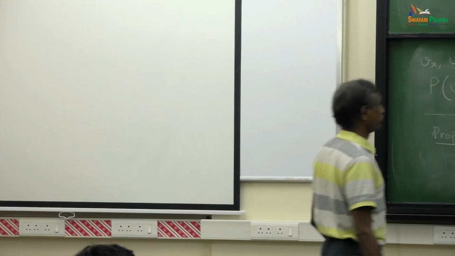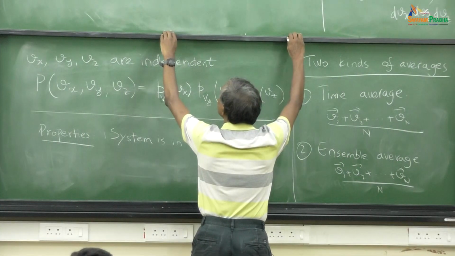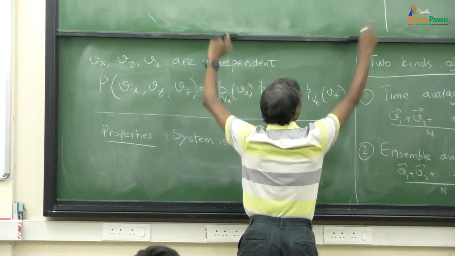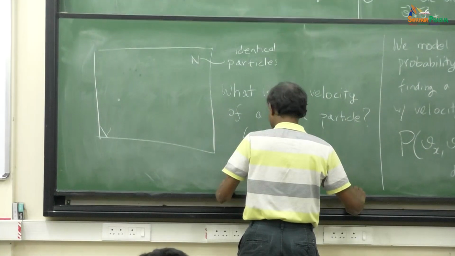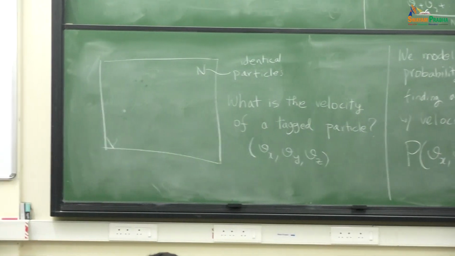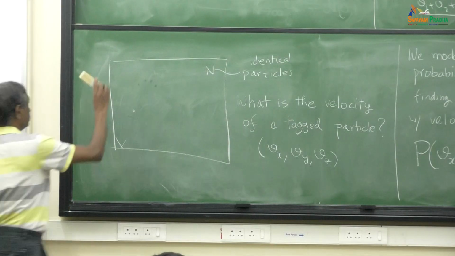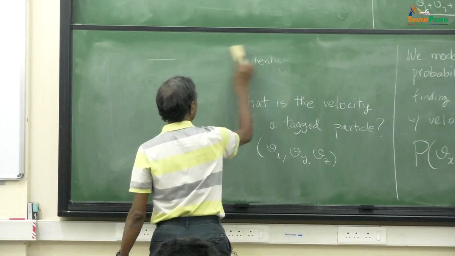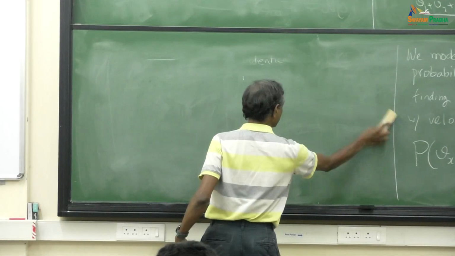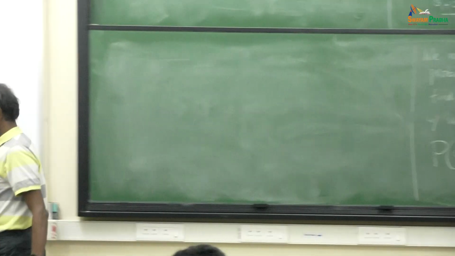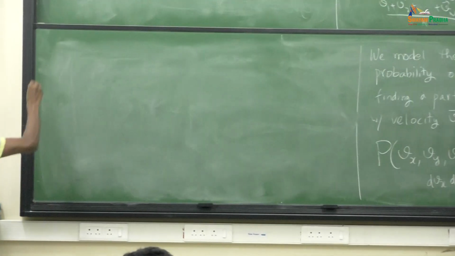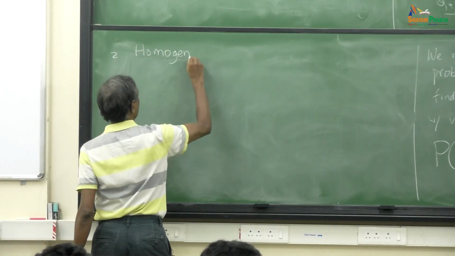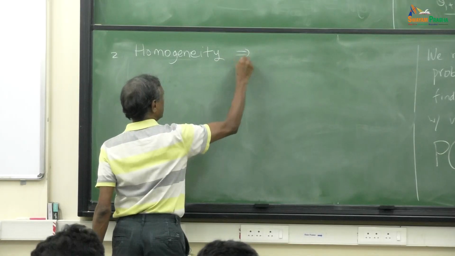Okay, so this is the first property. The second, I'll assume two other properties and we'll come back to all these things. One is called homogeneity, which is the same as saying that there is no special point.